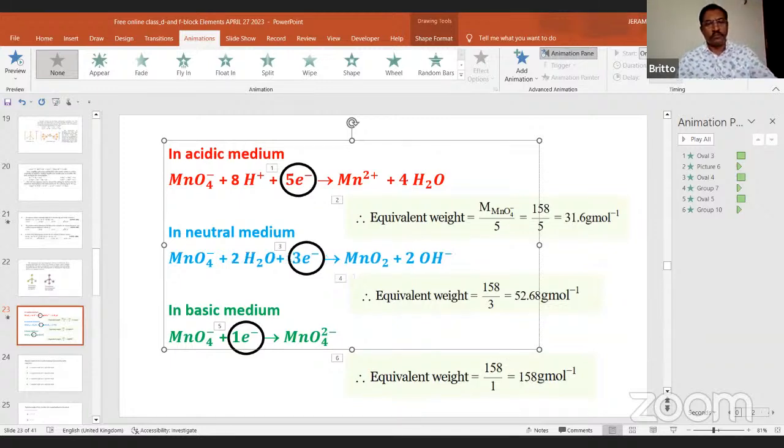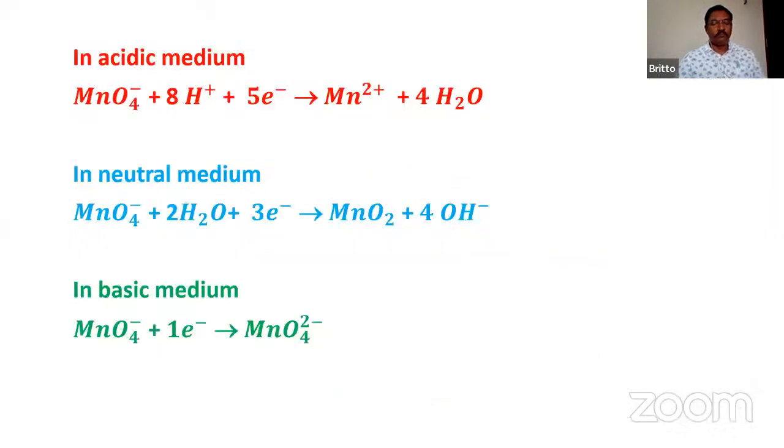Correct only, my students. We should put 2H2O and then 4OH minus is correct. Now in neutral medium, MnO4 minus is reduced to MnO2. So MnO2 is put. There are 4 oxygens, here there are 2 oxygens. Remaining 2 oxygens are there.